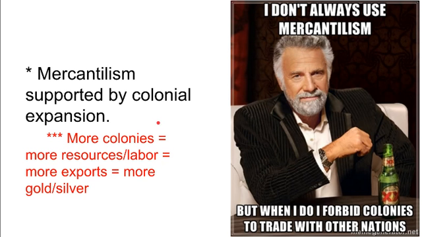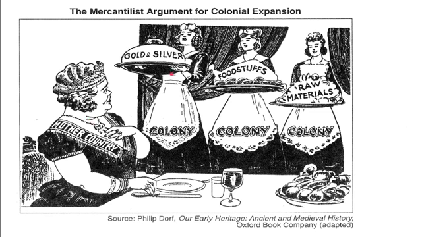The greater mercantilism will work. Also, the more territories you take over, the more resources you can take from those territories, whether those resources are natural resources like gold, silver, oil, coal, iron, or labor, forcing the people you conquered to work for you as slaves. So mercantilism and colonial expansion during the early modern era go hand in hand, and it's all about the mother country.